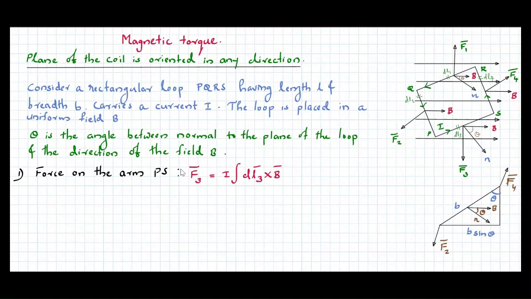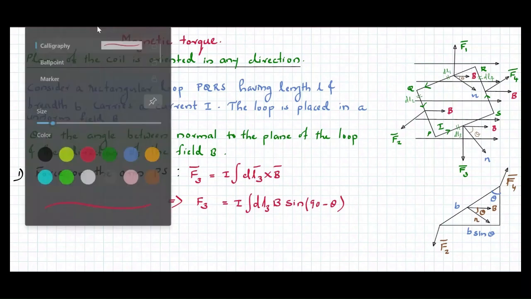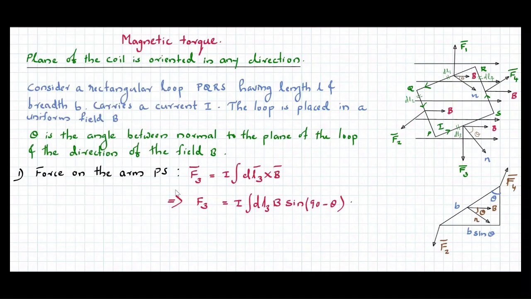Let us evaluate the force on the arm PS. Let it be F3. We can represent it as I into dl3 cross B, where dl3 is a small element on the segment PS, and we can represent that as I integral dl3 B sine(90 minus theta). Why is it sine(90 minus theta)?